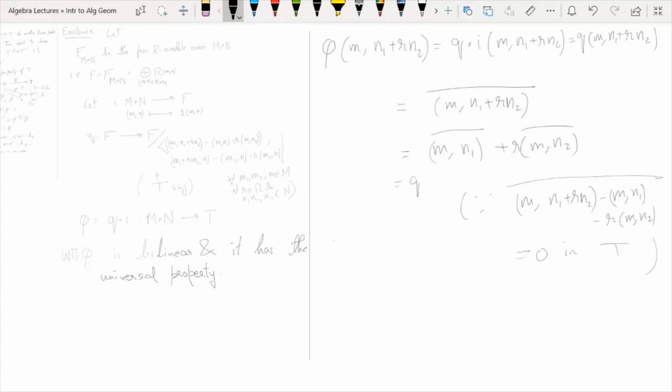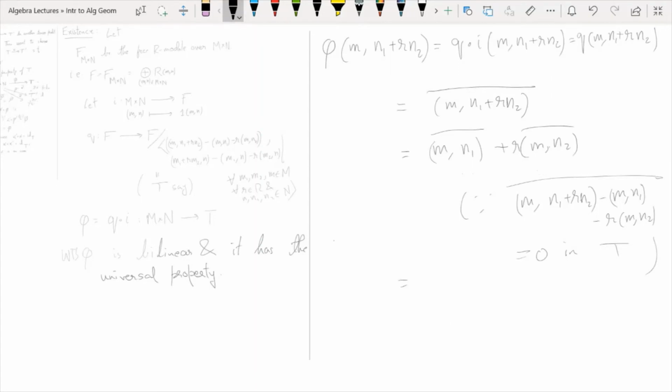This is the same as q of m comma n1, or rather phi of m comma n1, because you include it, and then r times phi of m comma n2.